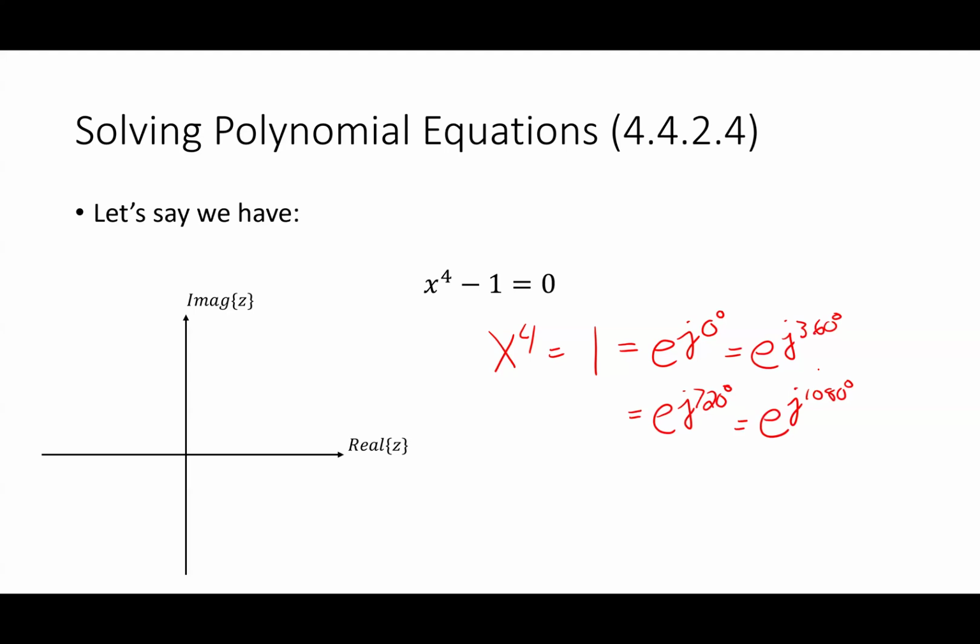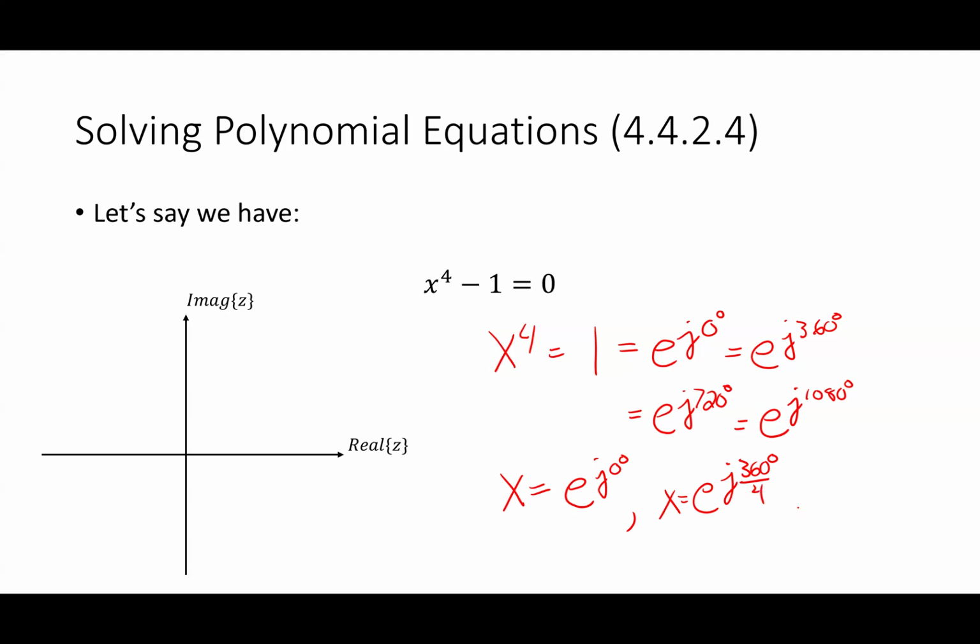So now, what can I say I get? x could be equal to e to the j 0, or 1. It could also be e to the j 360 degrees divided by 4.